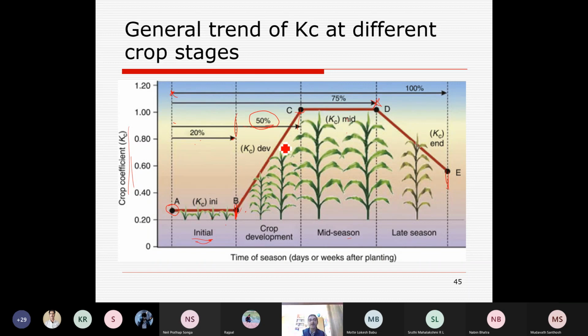Then the late stage, where the crop matures, making 100% of the crop growth period. So we need to find the crop coefficient for different stages of crop growth in this season. This is called the general trend of Kc, the crop coefficient, at different crop stages.